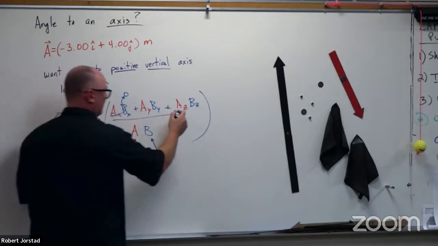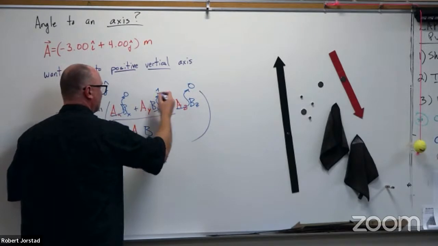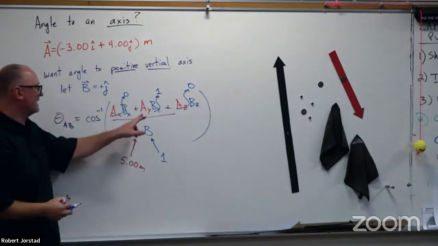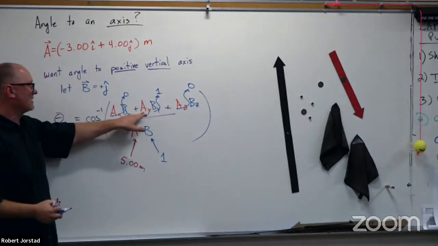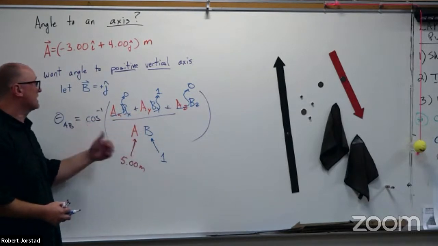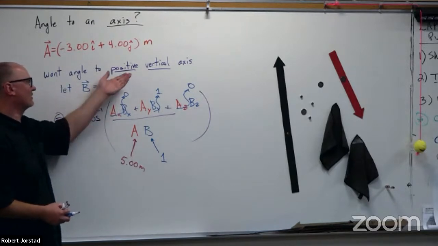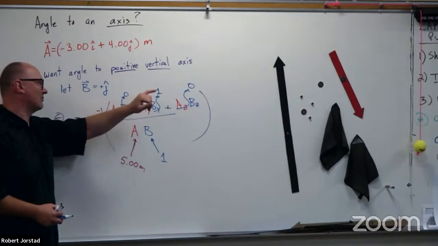BZ is also 0. And BY is 1. So notice you basically take the y component over the magnitude and cosine inverse to get the angle to the positive y-axis. Okay, if you wanted to go to a negative y-axis, you'd have a -1 somewhere here.